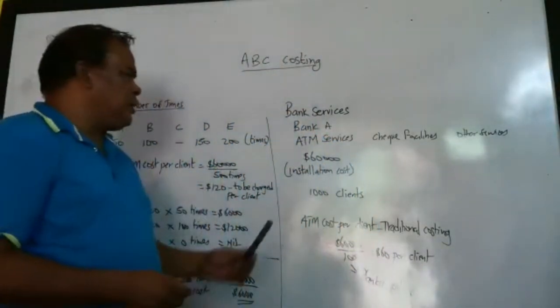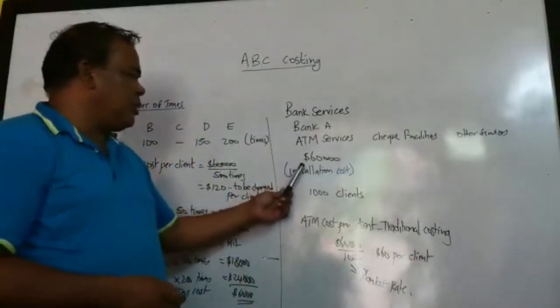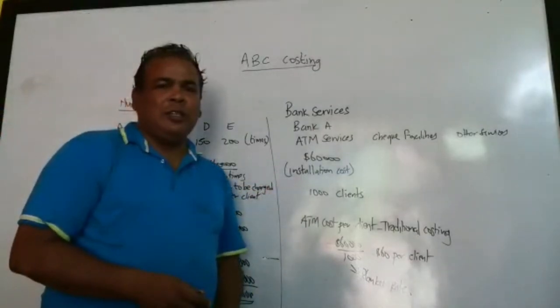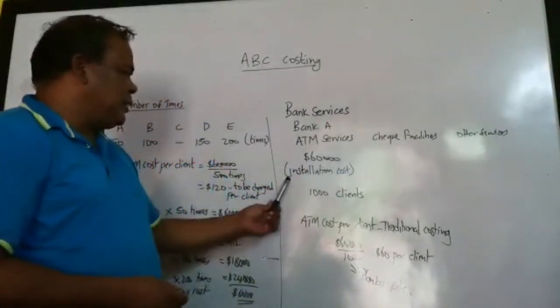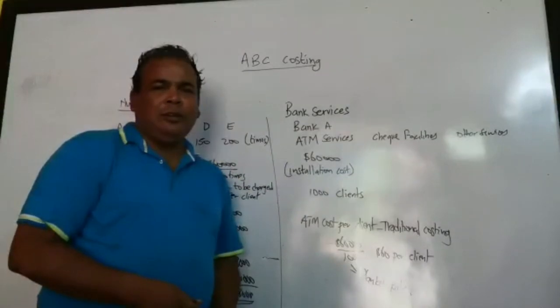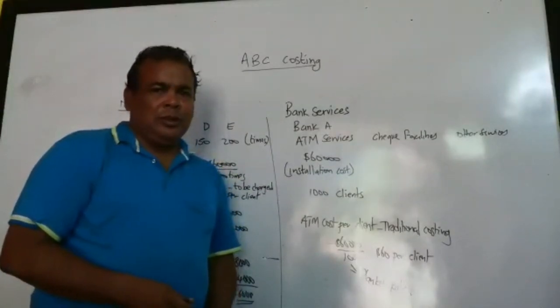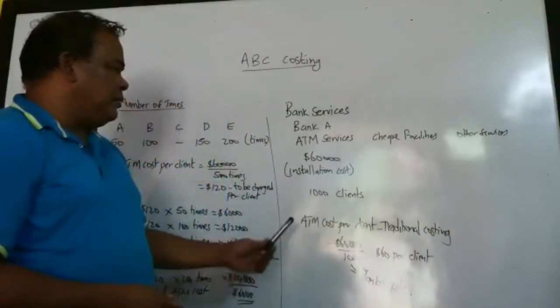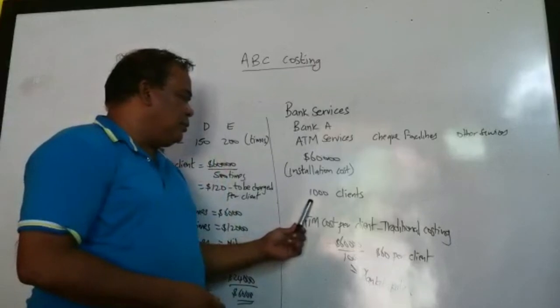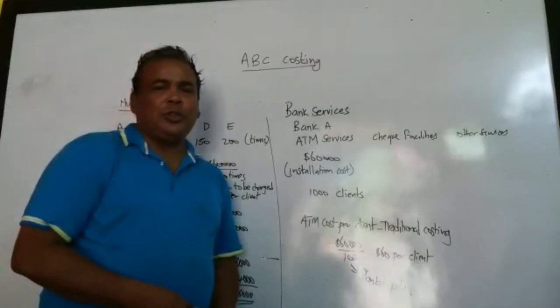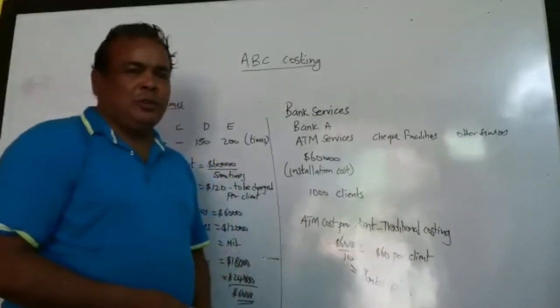Now let us see ATM services. To install the ATM, it costs money. It costs $60,000 to install the ATM services. Assume there are 1,000 clients for the bank.